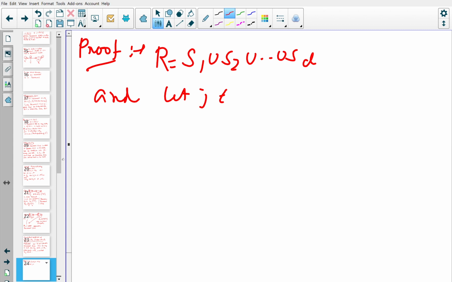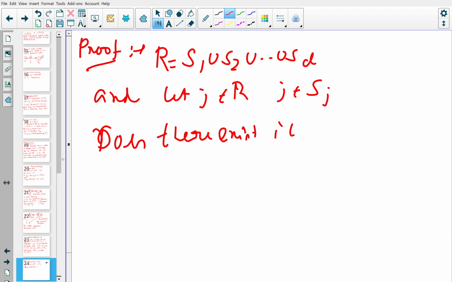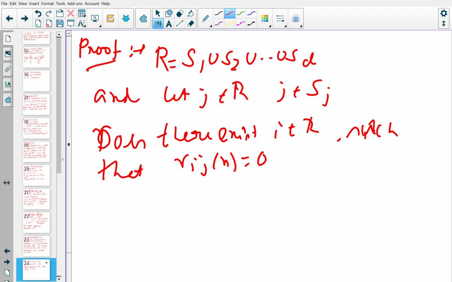So j is inside R means what? So j belongs to some Sj, one of these, right? Now I'm interested to know, does there exist i belonging to R such that this Rij of n equals 0? Okay, so this is the question.